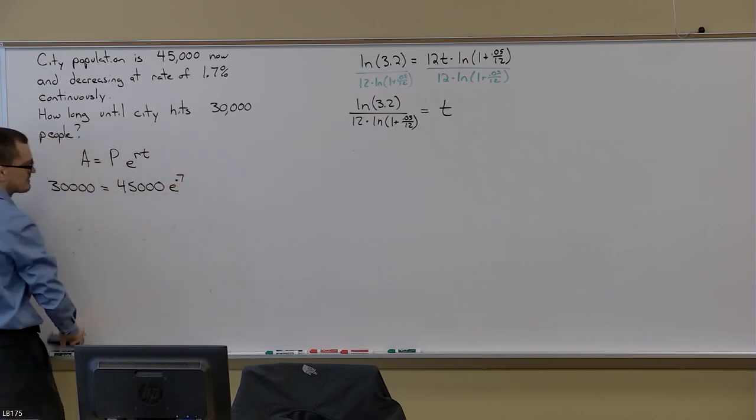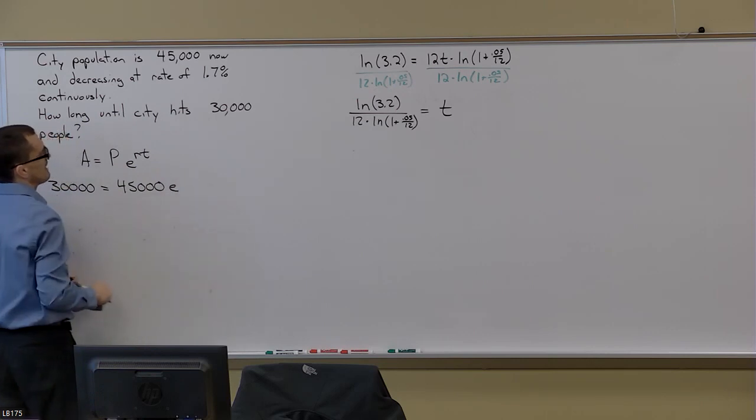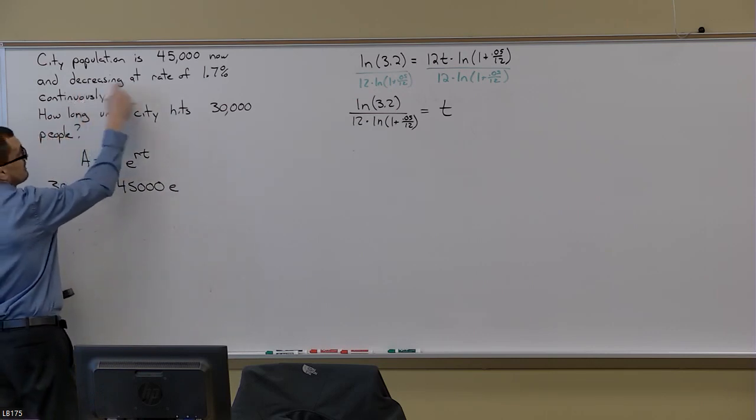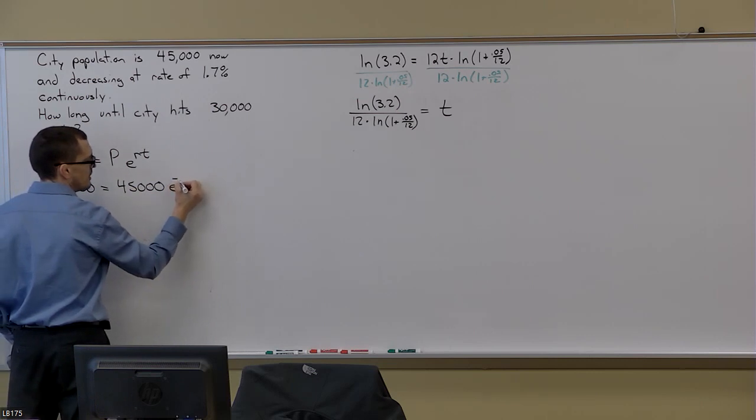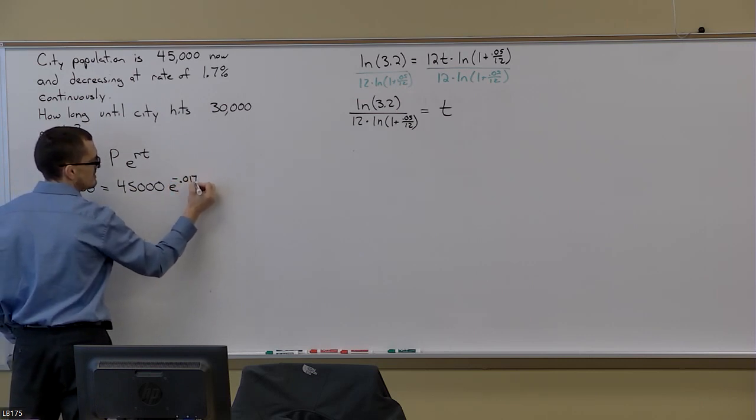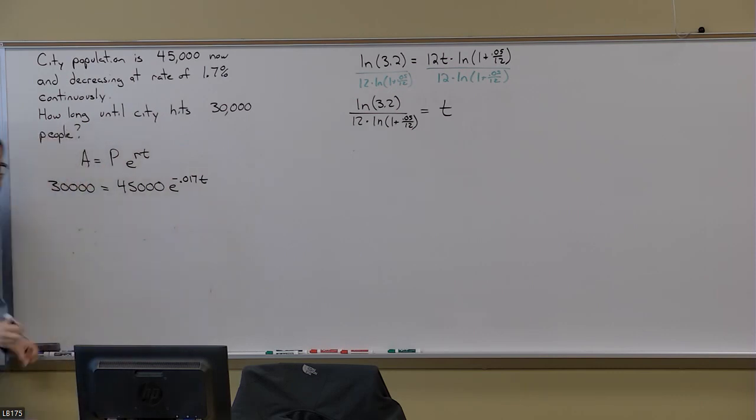Okay. Now, here's the thing about the rate. The rate is decreasing at 1.7%. That's a negative 0.017 for the R. That's the key.